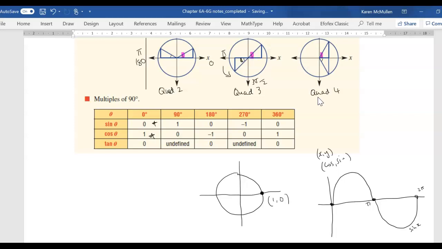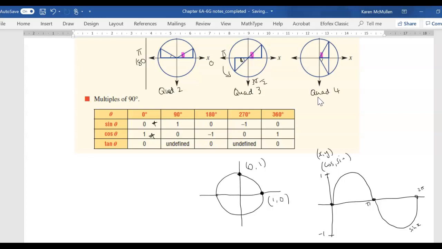So when we move to here, our point is now 0, 1. At 90 degrees, cos is 0, sine is 1. So here you would have 1, and here is -1. Then you just continue around the circle.